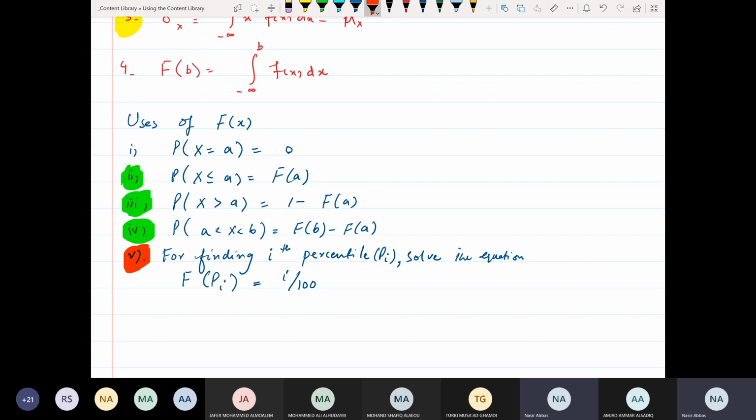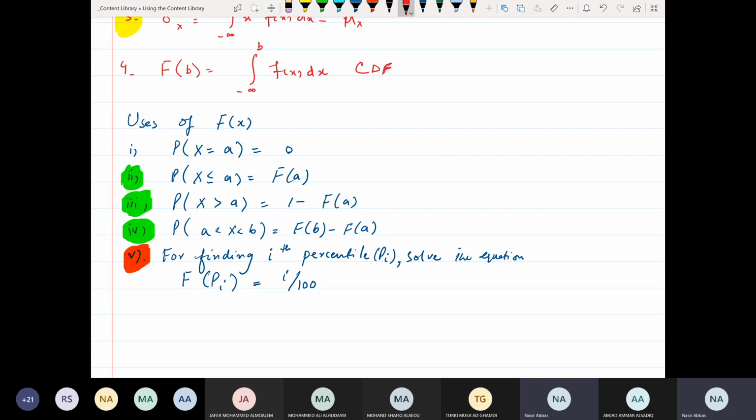So these two functions, one of the functions I called PDF and one of the functions I called CDF, cumulative distribution function, there are some uses of these two functions which mean that they can be used alternatively.